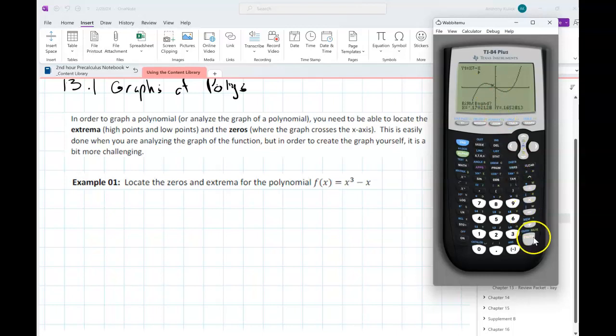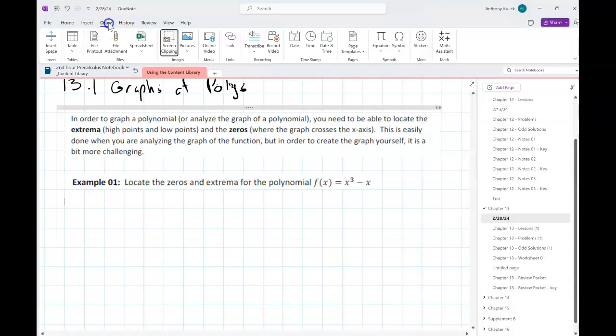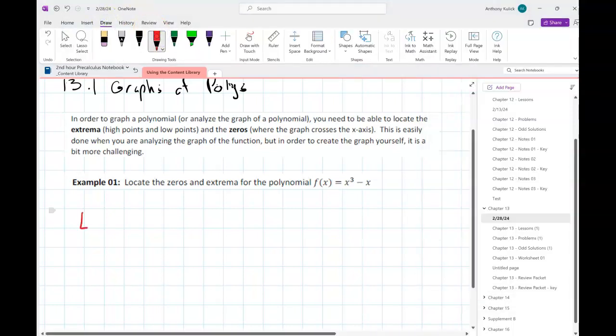That seems fine. I'll press enter again. And then I guess, as long as there's only one extrema in between the left bound and right bound you've picked, your guess doesn't really matter. So I'm just going to press enter. So it says my maximum is negative 0.577, comma 0.385. Everybody okay with that?